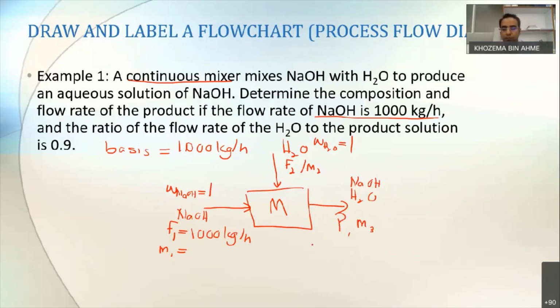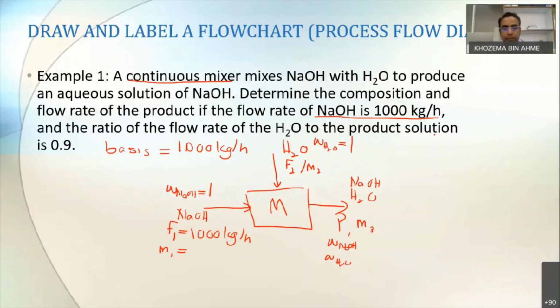I don't know the value of my product flow rate, M3. Since I have two components here, I have a weight fraction for NaOH, and I also have a weight fraction for H2O. These are all the things I can label here.